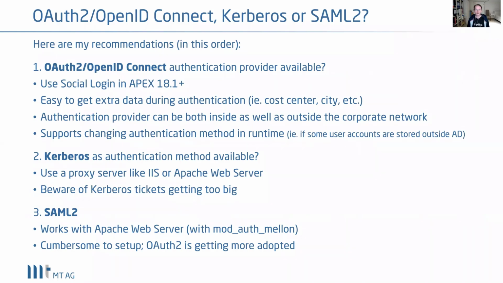You can use the social login feature. You get extra data during authentication. So if you need a cost center or an email address or whatever, during authentication you can get this extra data from the authentication provider. And it works both inside as well as outside the corporate network.